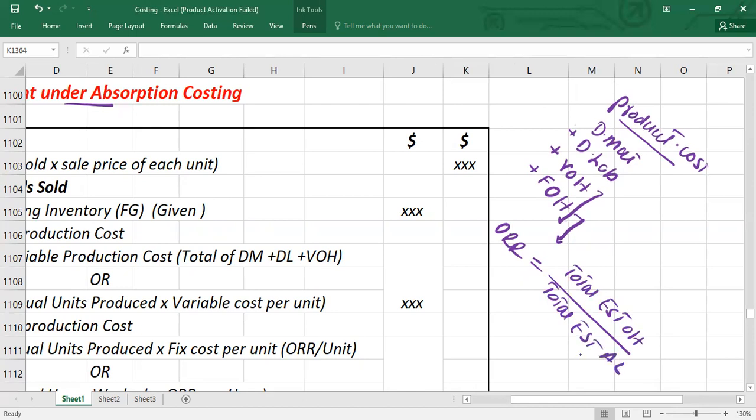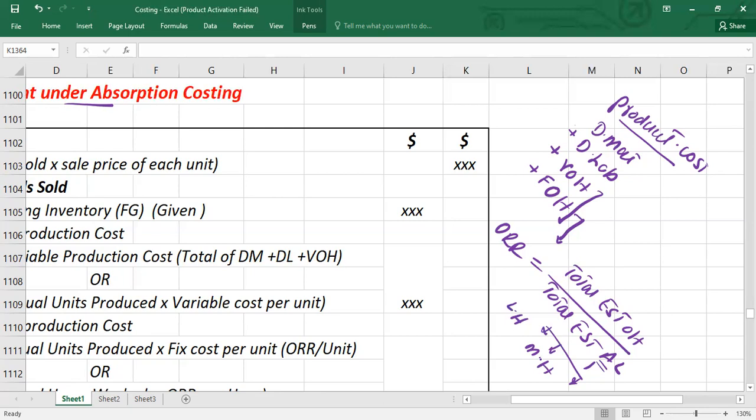Mostly, there are three commonly used activity levels. We can use labor hours to absorb the overhead if our work is labor intensive, machine hours if our work is machine intensive, units of output, or any other basis which is given in the question.